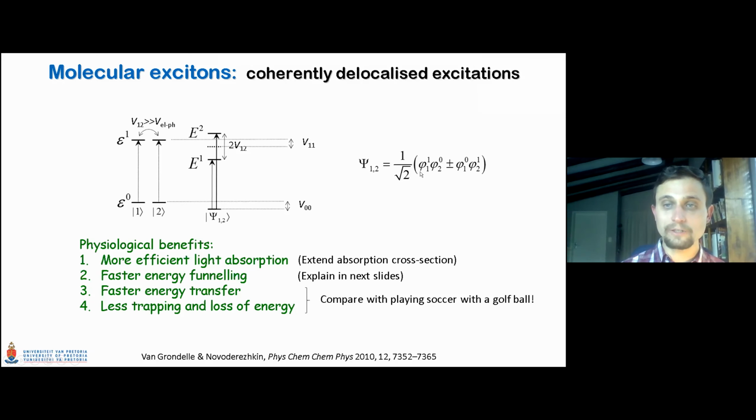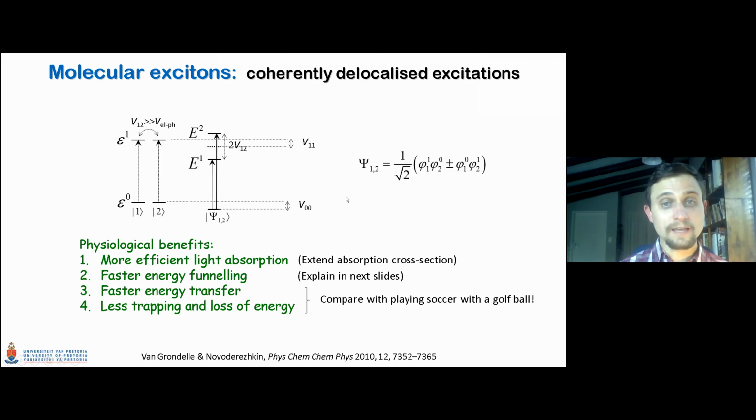This is the wave function of molecule 1, the wave function of molecule 2. You can see here molecule 1 is excited, molecule 2 is in a ground state, whereas the opposite is happening in this case. Molecule 1 is in a ground state, molecule 2 is in an excited state. So this notation means that this molecular wave function is delocalized over both of these. Okay, so this is one thing that happens. You have the delocalization, but you also have splitting of the energy. You now have 2 energy levels which are split by twice the interaction energy.